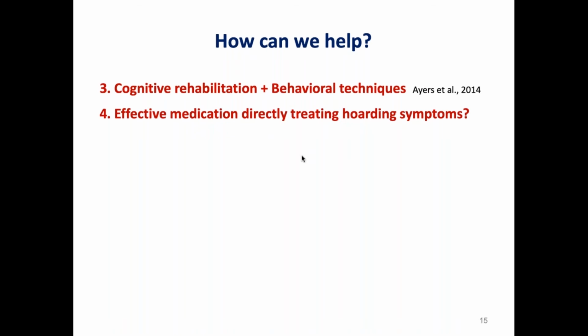So far, the findings are that some SSRIs are effective in treating the commonly co-occurring problems with hoarding, such as depression and anxiety. So these SSRIs are effective in treating these co-occurring conditions. However, there haven't been studies showing that they are effective in directly addressing hoarding symptoms.